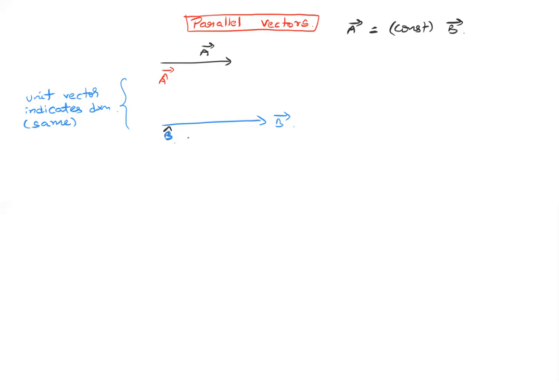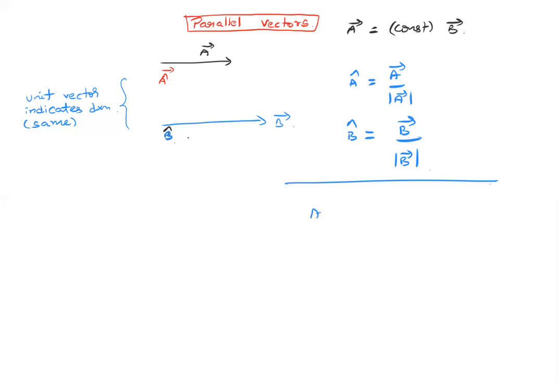Your a bar can be, I can just simply equate it like this. So a cap can be written as a bar by mod a. b cap can be written as b bar by mod b, which indirectly implies your a cap and b cap both are same.